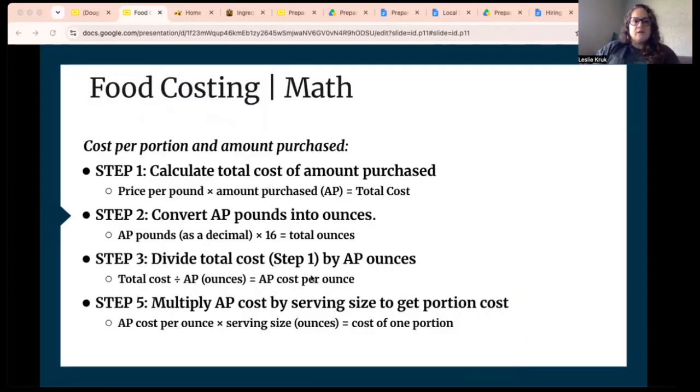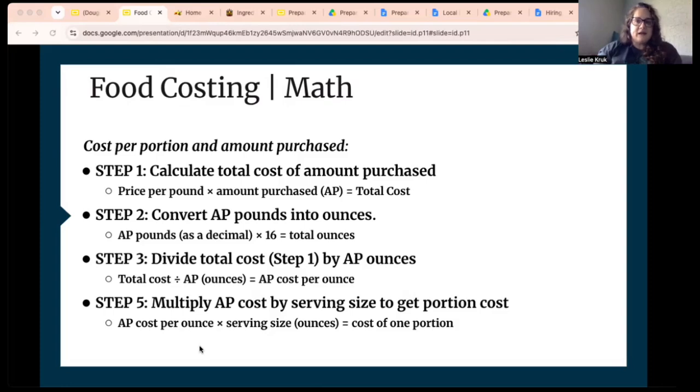So here are some other food costing calculations that you can make. The first one is to calculate total cost of amount purchased. So you'll take the price per pound and you'll multiply by the amount purchased to get the total cost. Next, convert the amount purchased into ounces. So you take the amount purchased in pounds and you multiply that by 16.